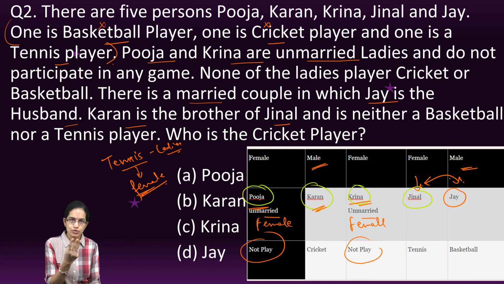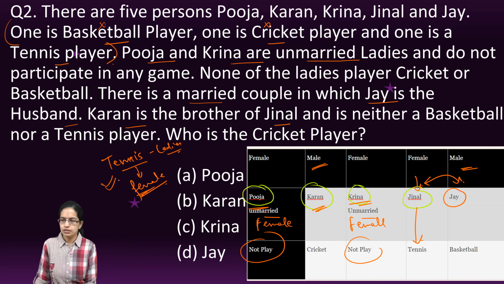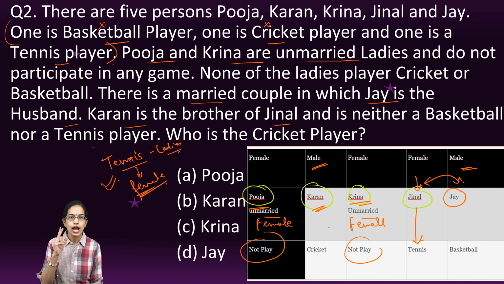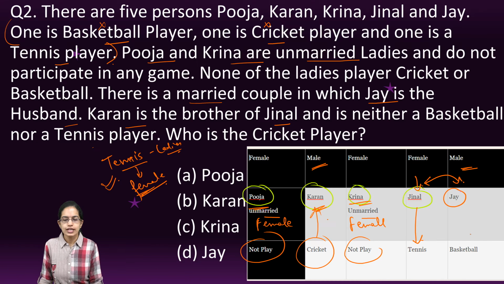Since there have to be 3 females, the only female option would be Jinal. And Jinal would be playing tennis, that we have already proved before. And then Karan, the brother of Jinal, neither plays basketball nor tennis. So Karan does not play basketball and tennis. So what is left is cricket for Karan, and what is left for Jay is therefore basketball. So who is the cricket player? The correct answer is Karan.